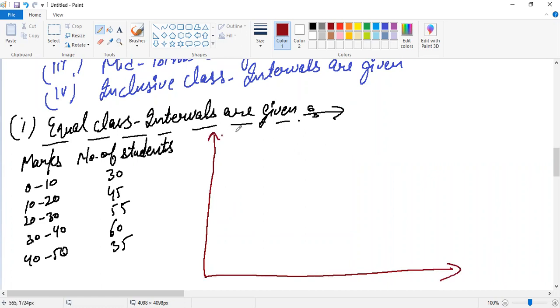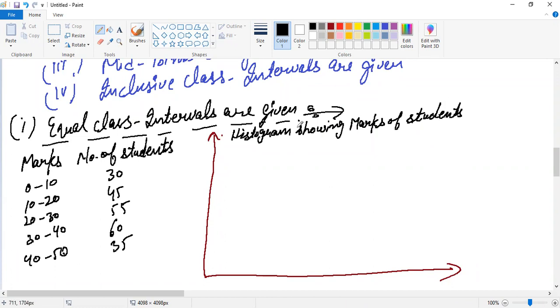First of all, we write the title or heading: Histogram showing marks of students.